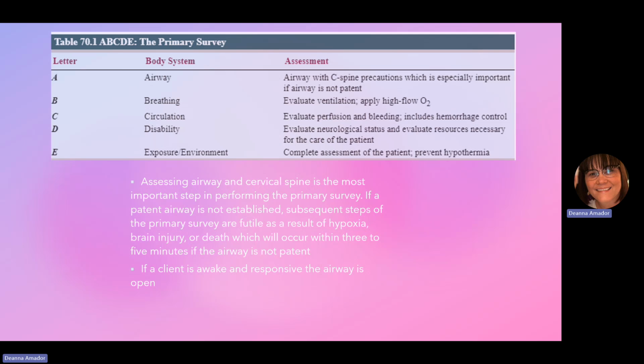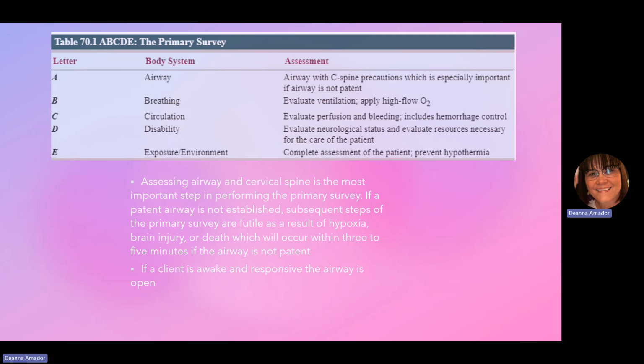B is breathing. With that, you'll be evaluating the ventilation and putting on high flow oxygen. C would be circulation. You're quickly evaluating perfusion and whether there's any bleeding or hemorrhaging. If there is, you are going to be doing measures that will control the hemorrhage.